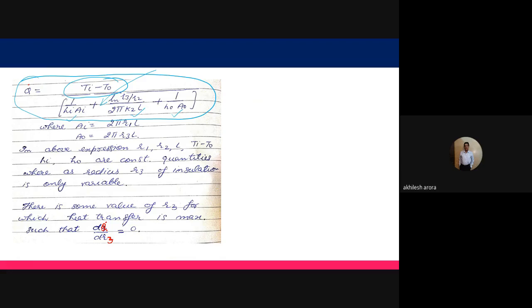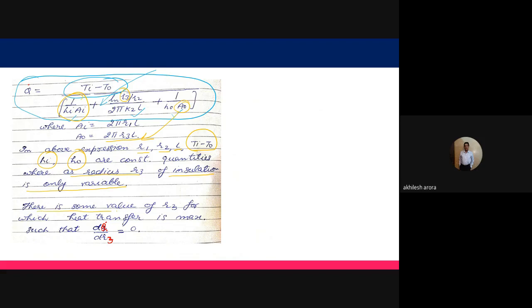As I told you earlier, this value is a constant, but here R3 is varying. Here A naught is given by 2 pi R3 L. In this expression of Q naught, R1 is constant, R2 is constant, length is constant, delta T or Ti minus T naught is constant, Hi is constant, H naught is constant, whereas the radius R3 of insulation is the only variable.